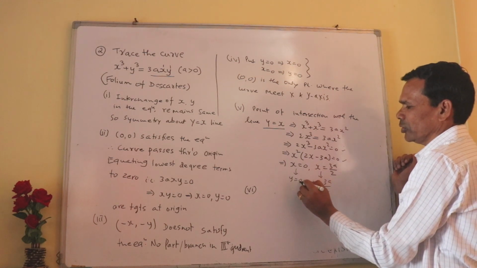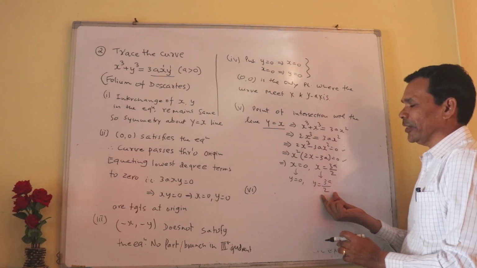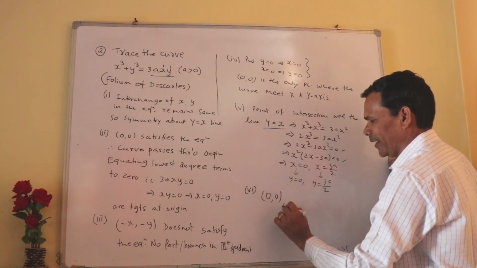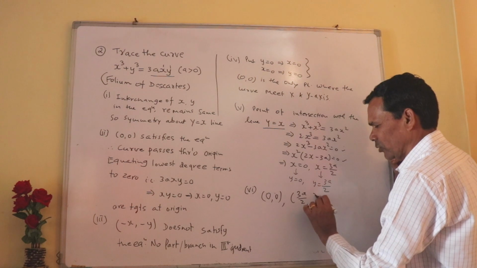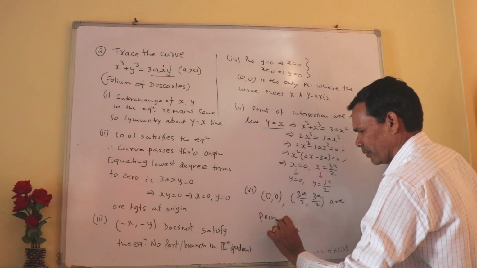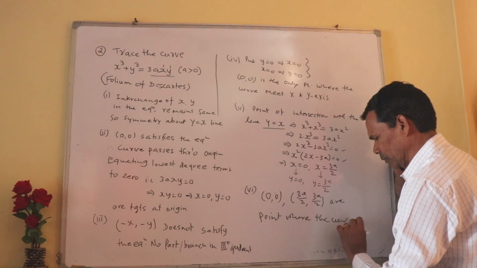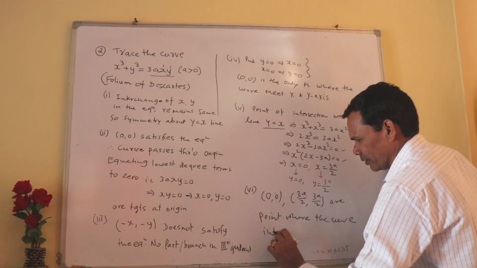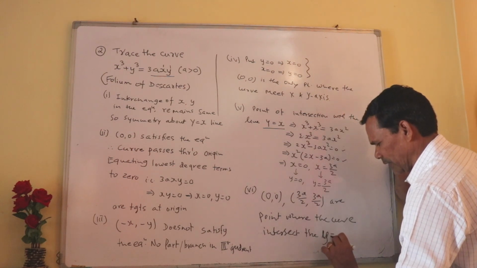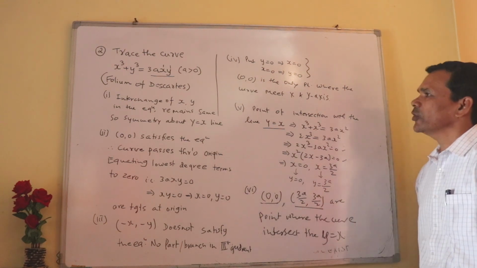So for x is equal to 0, y is equal to 0, and for x is equal to 3a by 2, y is equal to 3a by 2. Means (0, 0) and (3a by 2, 3a by 2) are the points where the curve intersects the line y is equal to x. That is the origin and a point located in the first quadrant.